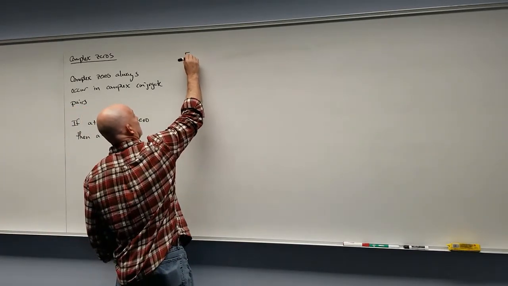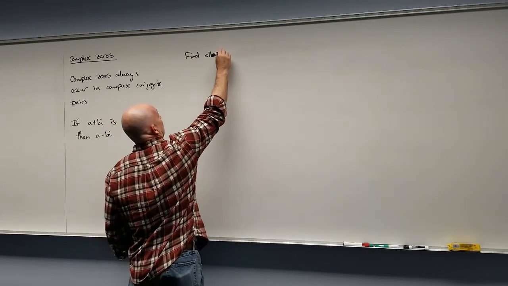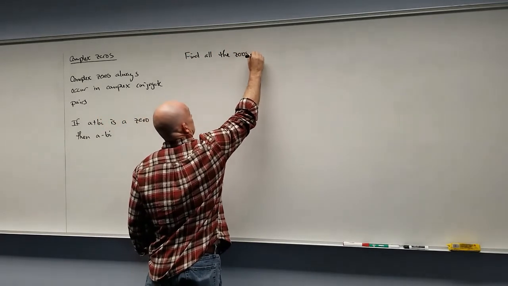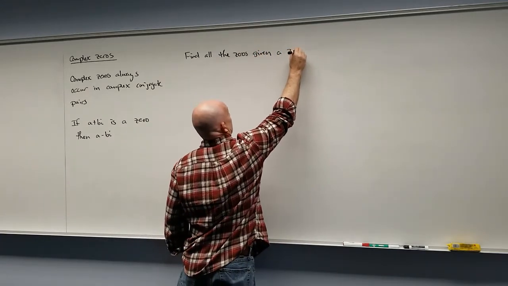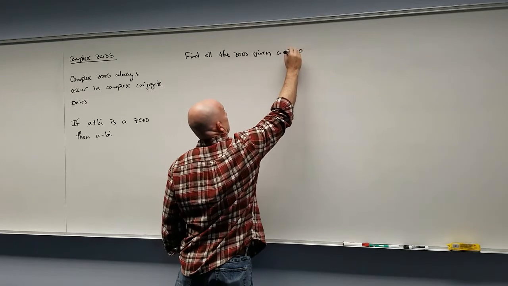The directions might be: find all the zeros given a 0.